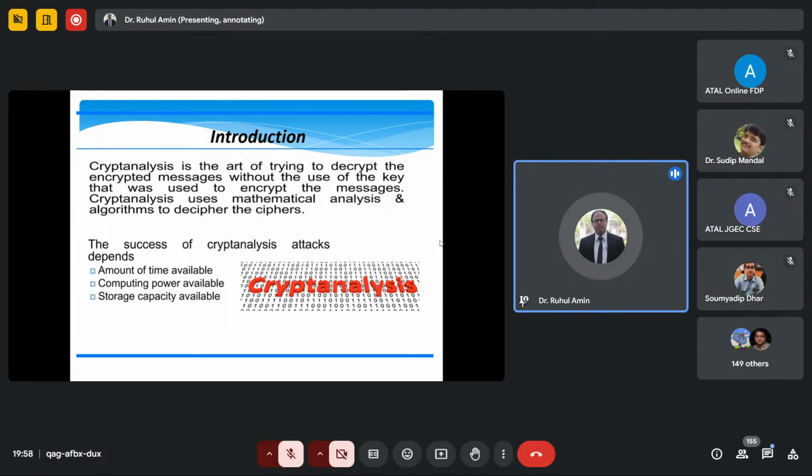And if you want to store some information for further use, for example, today some protocol is executing and producing ciphertext, and after 3 months, 6 months or 1 year you want to decrypt it for personal reasons or some other purpose, you have to store all that information in memory. So storage capacity is also required.